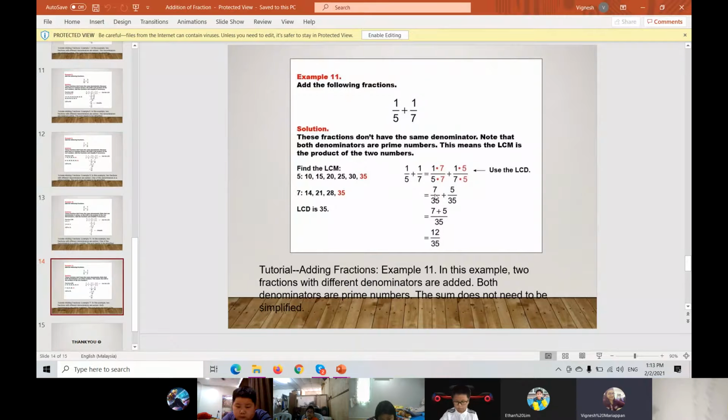Okay, now for the addition, do we need to do the addition now? Yes. Do we need to change our denominator, class? No need, teacher. Very good. So now the numerator is 7 and 5. Now 7 plus 5 is equals to?